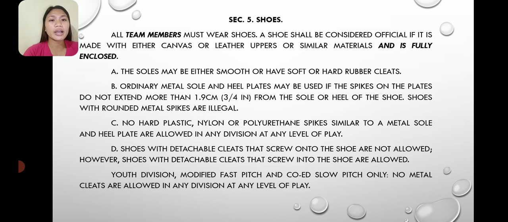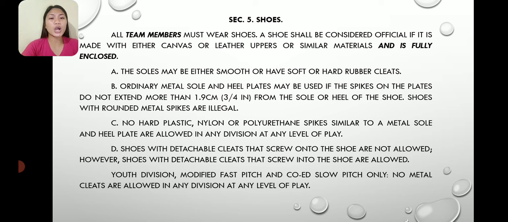B. Ordinary metal sole and heel plates may be used if the strike of the plates do not extend more than 1.9 cm, 3/4 inch, from the sole or heel of the shoes. Shoes with rounded metal strikes are illegal.